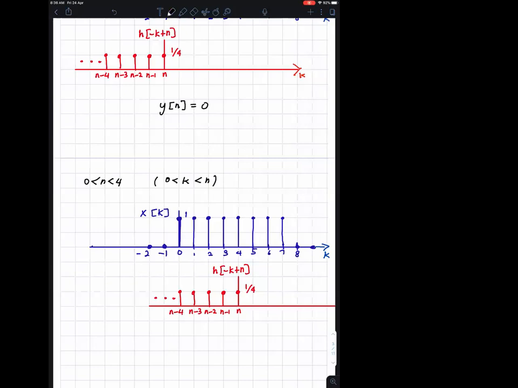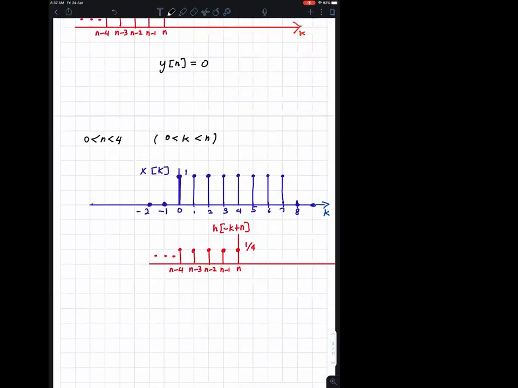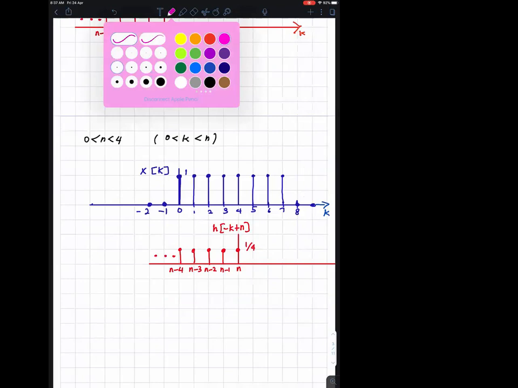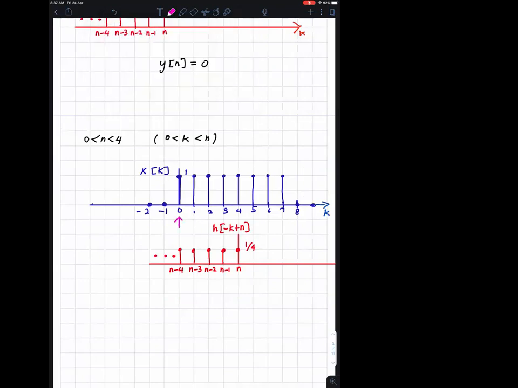Look at this and tell me if you understand why n is from 0 to 4 and k is from 0 to n. For k, the lower limit is 0, because below 0 there are no signals.